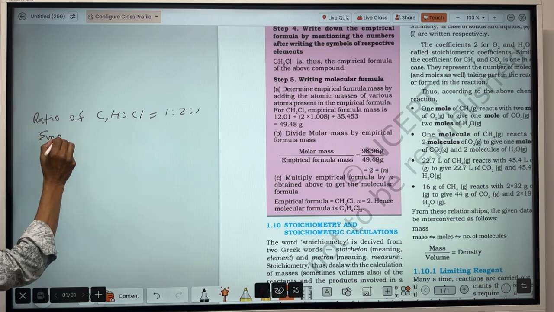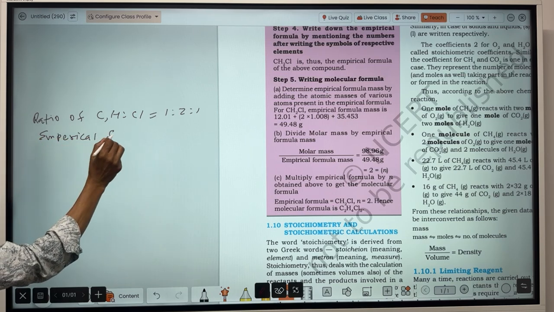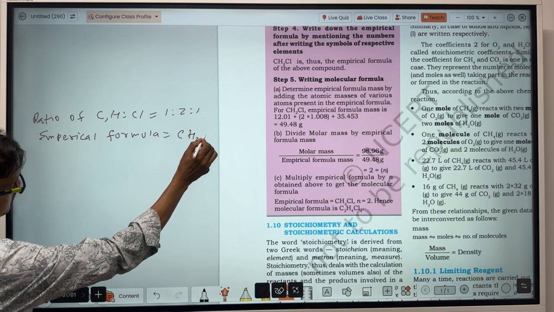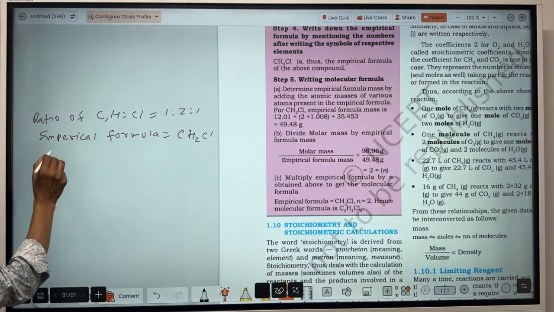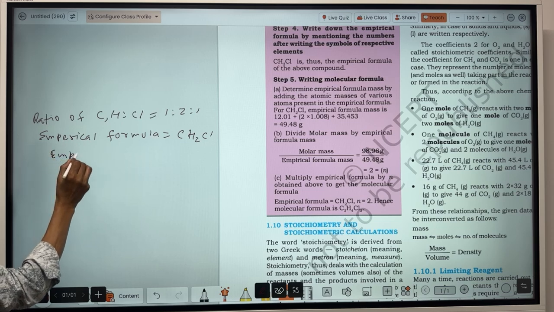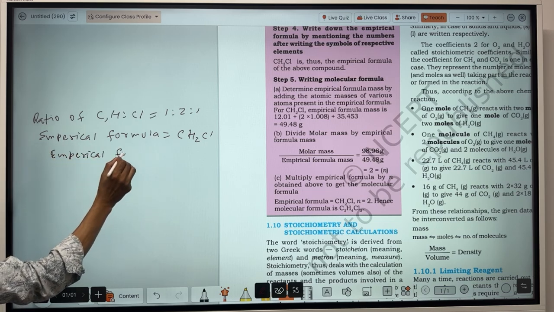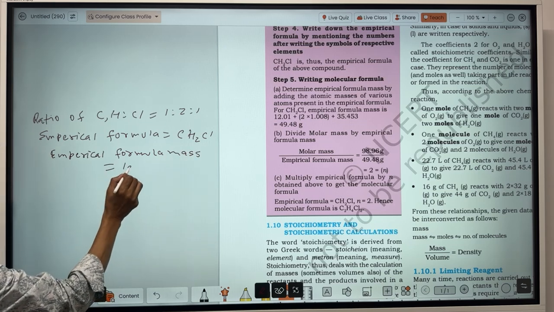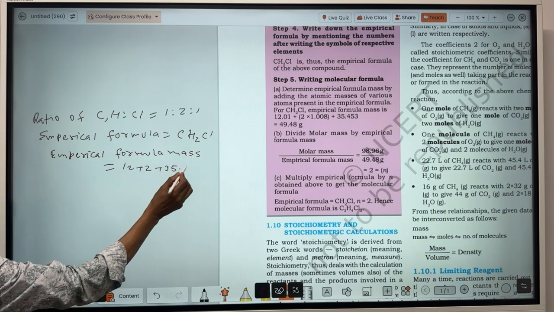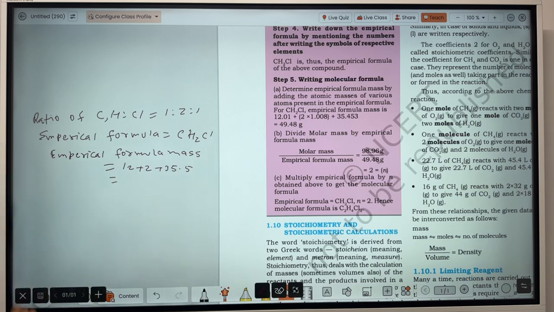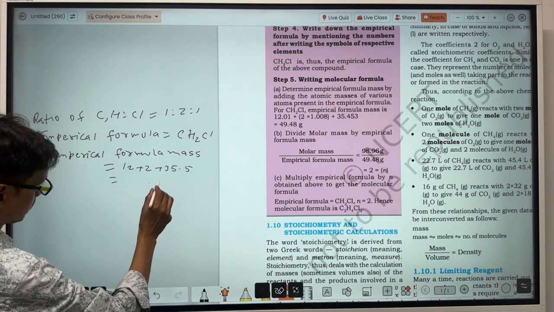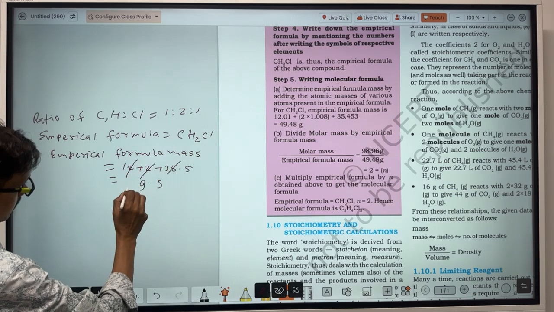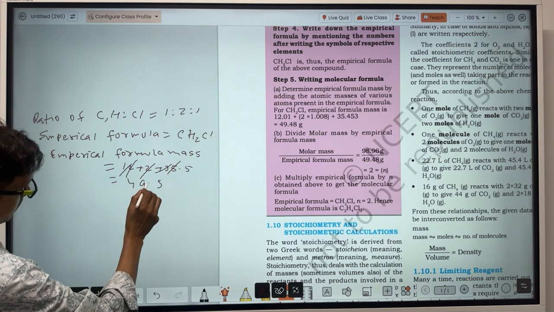So the empirical formula is CH2Cl. The empirical formula mass will be 12 plus 2 plus 35.5, which is 49.5.